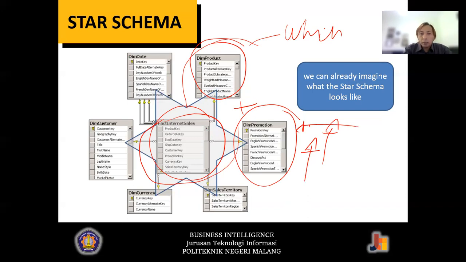Can we combine with another dimension? Of course we can. Let's say the sales territory: which area has the highest transaction during the promotion of a specific product?